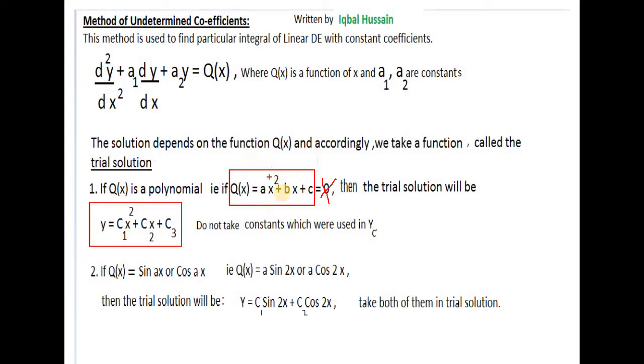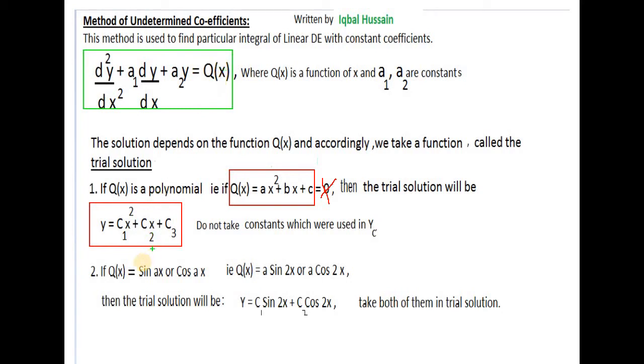Since here we have a quadratic function, the trial solution will be the generalized form of the above quadratic function. Here we have used constants c1, c2, c3. Do not take constants which were used in yc. Since this differential equation is non-homogeneous, for the complete general solution, first of all we have to find the complementary function, which will have two constants.